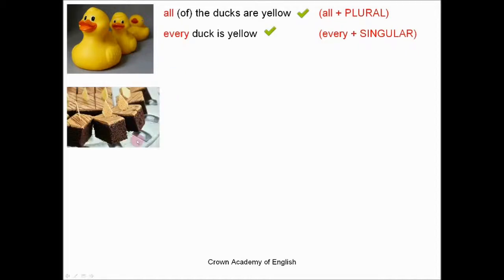So here are some chocolate cakes. This cake is made of chocolate. So we can say all of the cakes are chocolate cakes. So all followed by the plural: cakes are chocolate cakes.